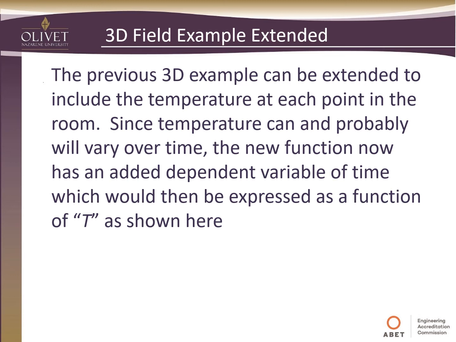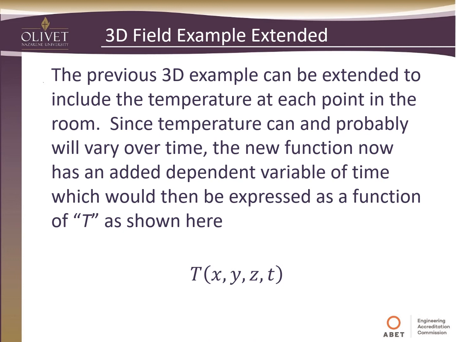The previous 3D example can be extended to include temperature at each point in the room. Since the temperature can and probably will vary over time, the new function now has an added dependent variable. We had x, y, and z before, but now we're going to add a new variable t for time.